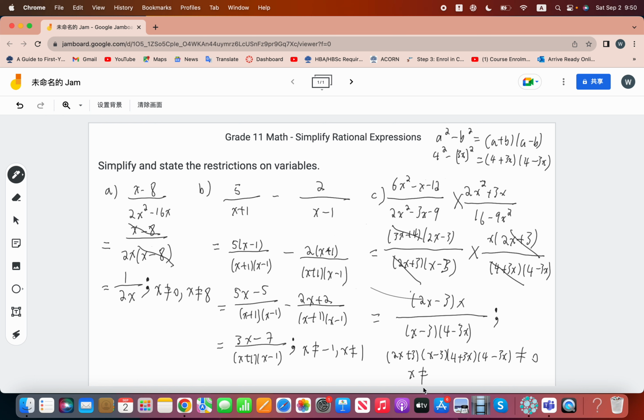So x can't be negative 3 over 2, 3, negative 4 over 3, and 4 over 3. So the restriction is that x cannot be minus 3 over 2, 3, minus 4 over 3, and 4 over 3.